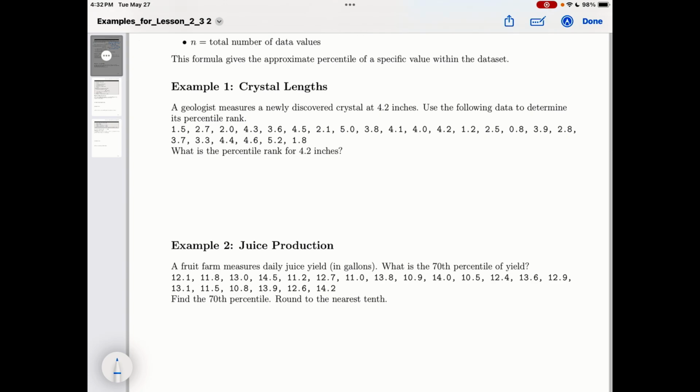Looking at example 1, it says a geologist measures a newly discovered crystal at 4.2 inches. Use the following data to determine the percentile rank. So we have the data value, and we want to find the percentile rank.